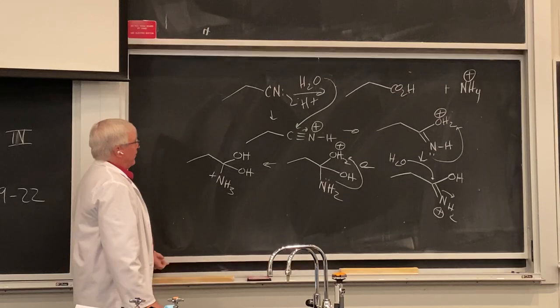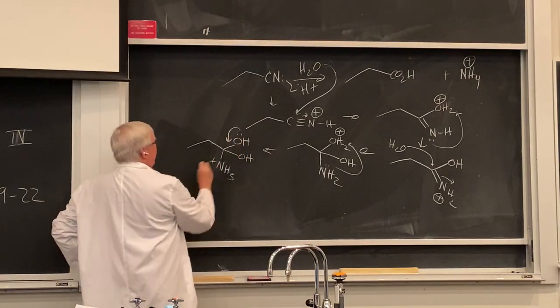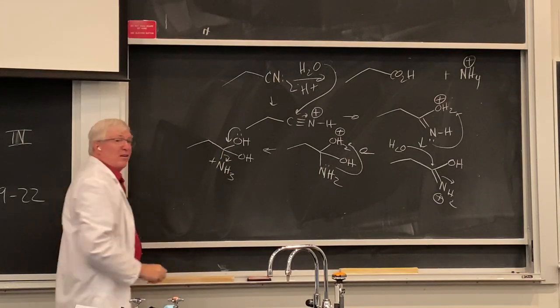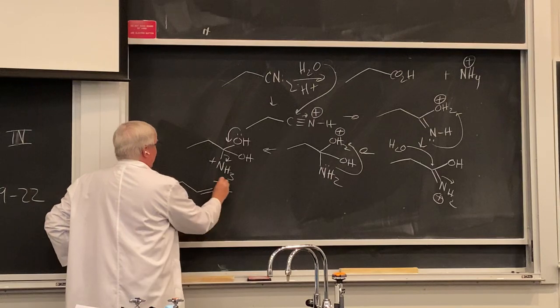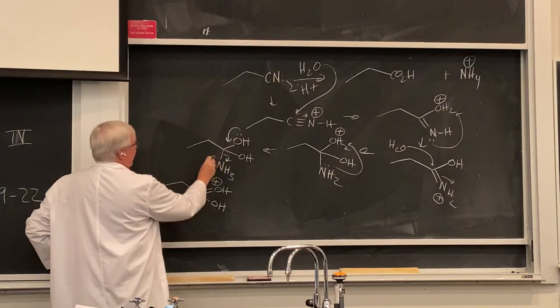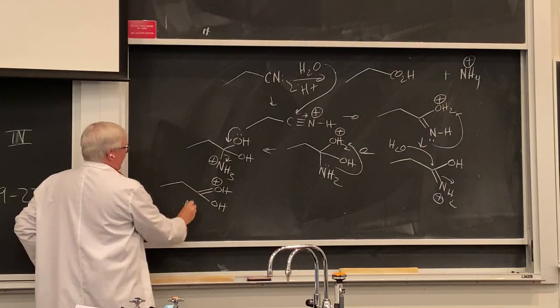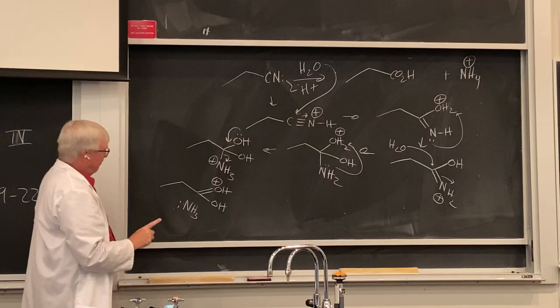And then what? Let's see, we can use a lone pair on one of these to come down and remove the ammonium. And how does that come off? We break the pair of electrons, we got the plus charge on there. You see that will be NH3, and it's neutral, right?